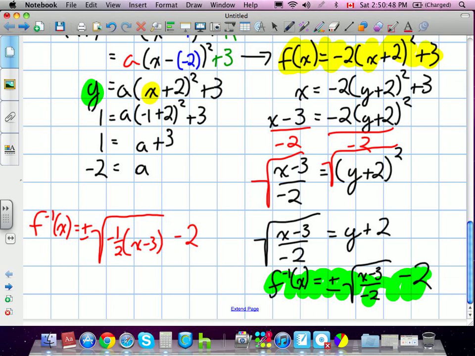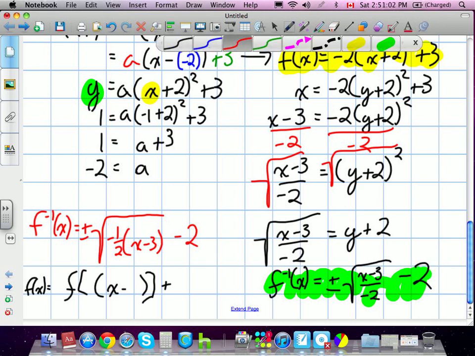And the reason I want to show it to you that way is because if you remember, f of x is equal to the function plus. You remember, we have our a, k, c and d, right?